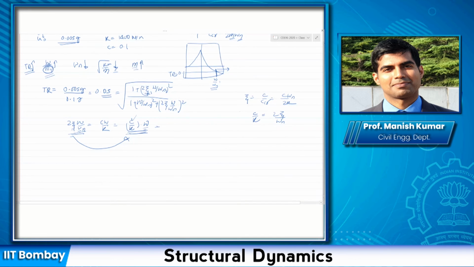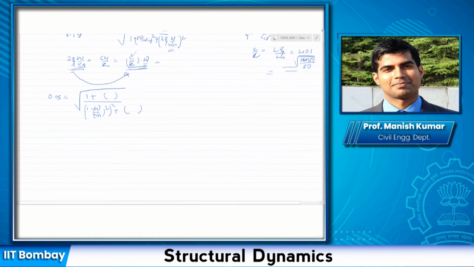This is known to you: 2 times 0.1 times whatever omega n you initially had, under root 14,000 divided by, in this case I think it was 50 kgs. So this is going to remain the same. Whatever value you get, you substitute it here and here. So 0.05 becomes 1 plus a certain value here, over 1 minus omega by omega n squared, plus again that value.